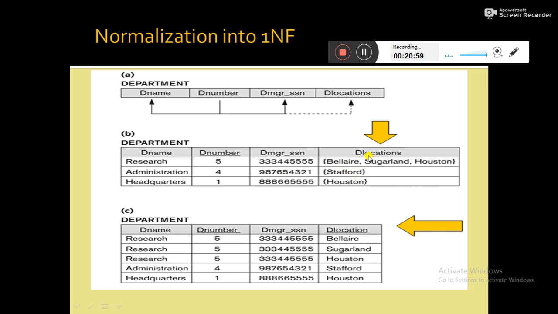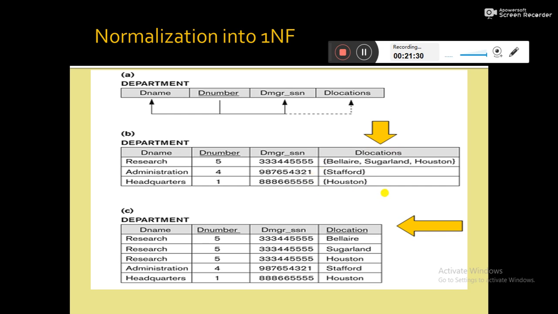Now, if you look at the attribute D location for all the records, all the tuples, then we can easily see that for the record research, against the attribute D location we have multiple values. That means the attribute D location is a multi-valued attribute, but 1NF disallows multi-valued attributes.